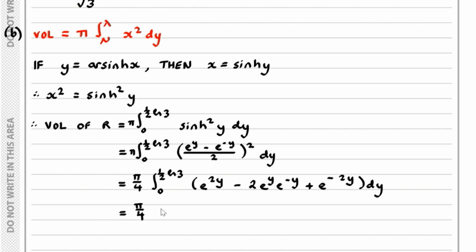So we've got pi over 4 times the integral from 0 to 1/2 times the natural log of 3 of e to the 2y minus 2 plus e to the minus 2y, and that's because e to the y times e to the minus y is just 1, and we're multiplying that by minus 2.